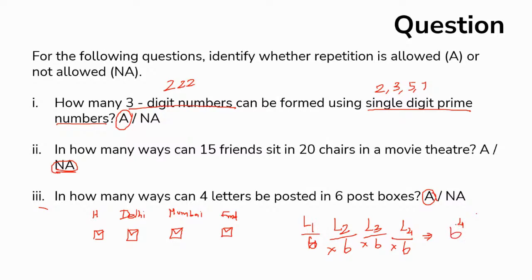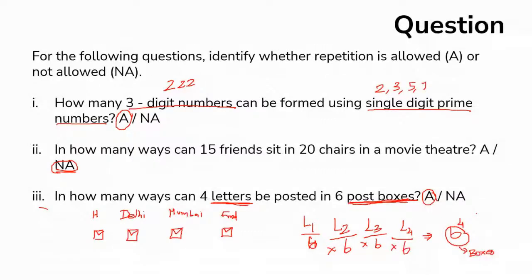So how do I remember this? Think of it like this: post box and letter. In this, which one is constant or stable? My post box is the stable one. Since we make mistakes about which one goes in the power and which one is the base, I'm saying post box is always constant. So the number of post boxes will be the base value.